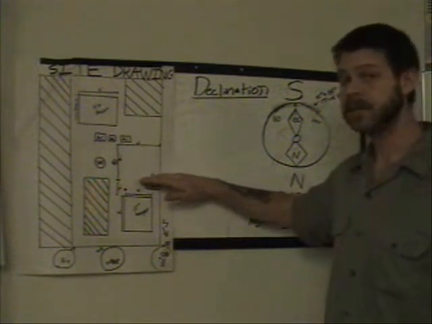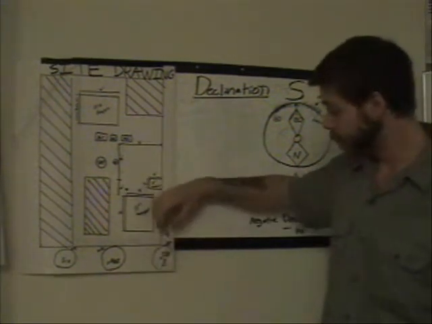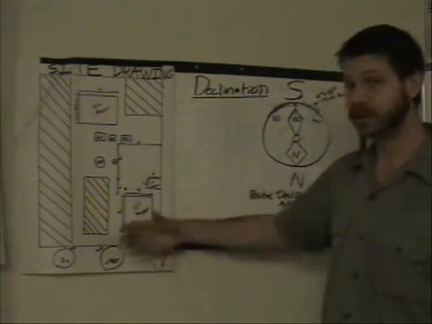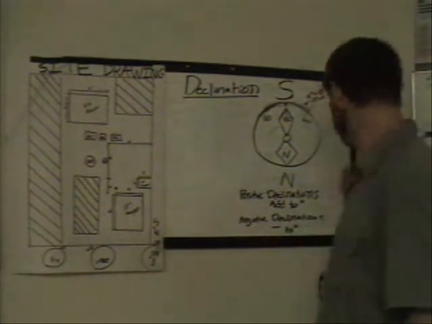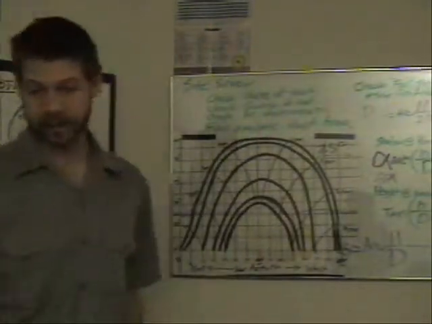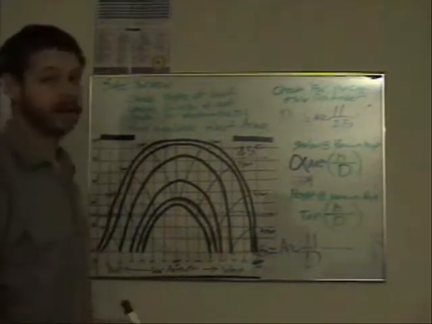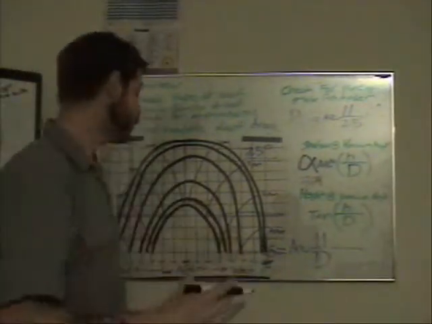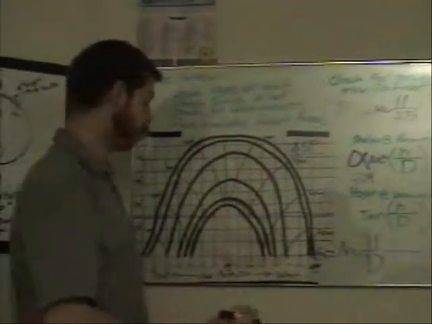Okay, so now we're going to deal with these trees. To do that, we're going to go back right over to our sun chart, and I'm going to find a Sharpie dry erase marker that works. All right, so we know that this first tree was at 180 degrees.